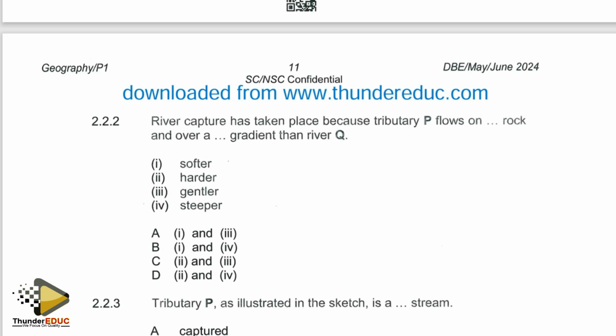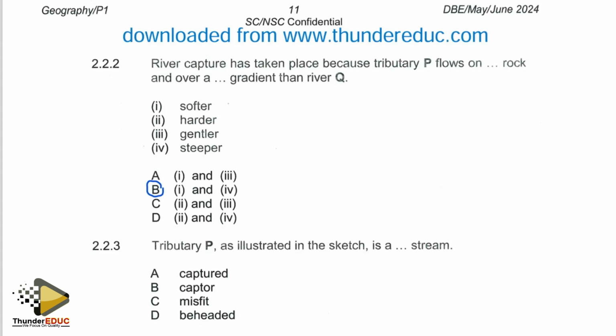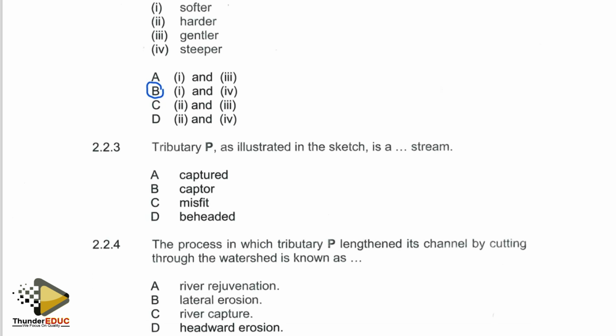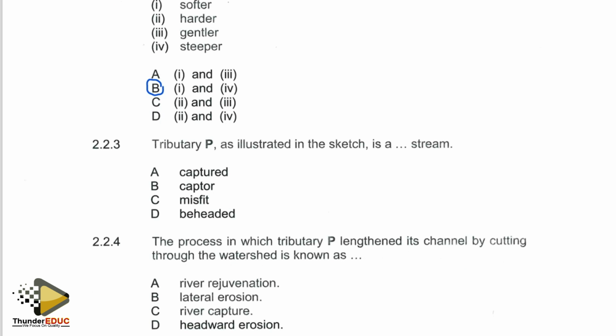So item number 1 for softer and item number 4 for steeper gradient are the responses which are relevant to that question, and the combination comes with option B, which is item 1 and item 4. Right, we move on to question number 2.2.3.